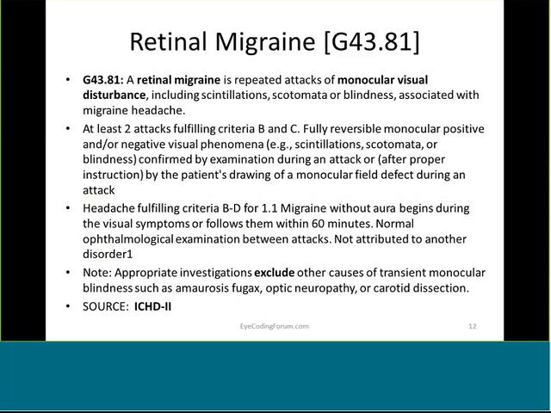The retinal migraine is repeated attacks of a monocular visual disturbance, including scintillation, scotoma, or blindness associated with migraine headaches. And then we have our criteria here, B and C, two attacks. And then you have a headache criteria. And note that appropriate investigations exclude other causes of transient monocular blindness, such as amaurosis fugax, which we mentioned earlier, optic neuropathy, or carotid dissection.